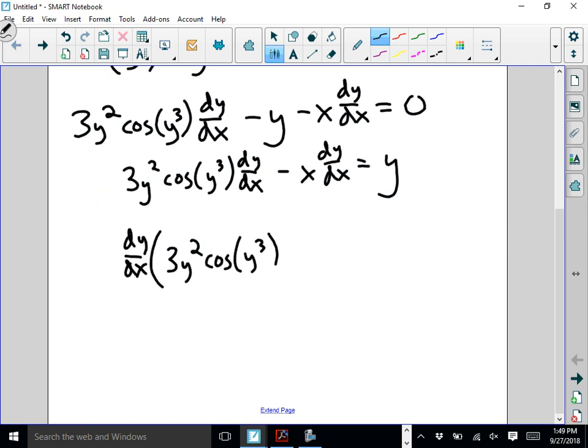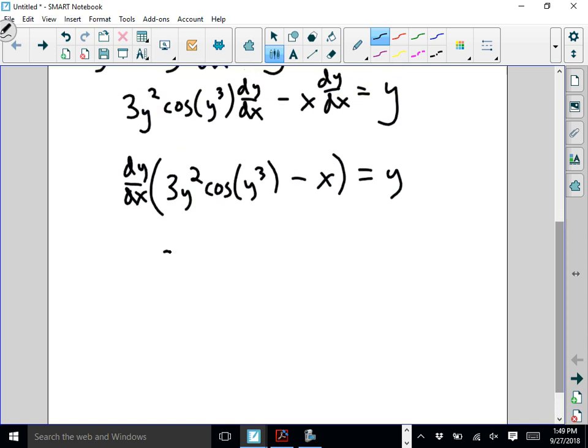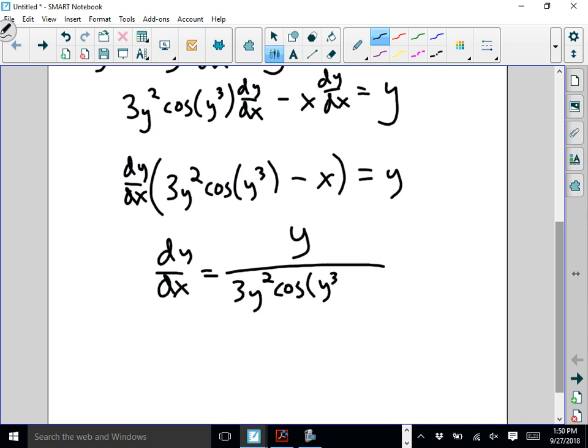So I factor out my dy dx and then divide over my 3y squared cosine y cubed minus x. Right. And there we have it.